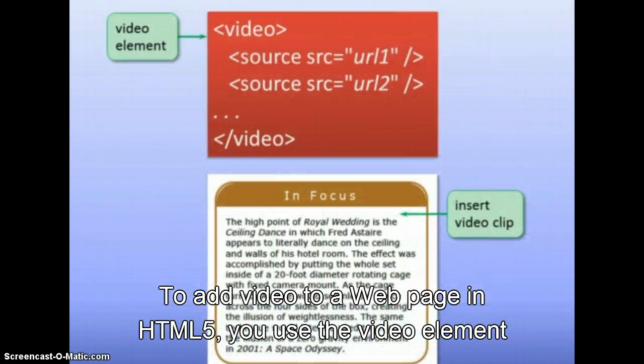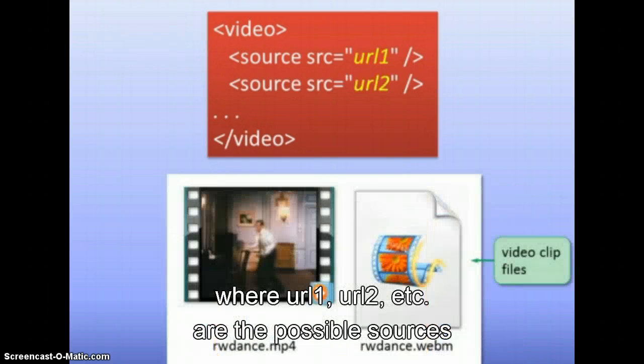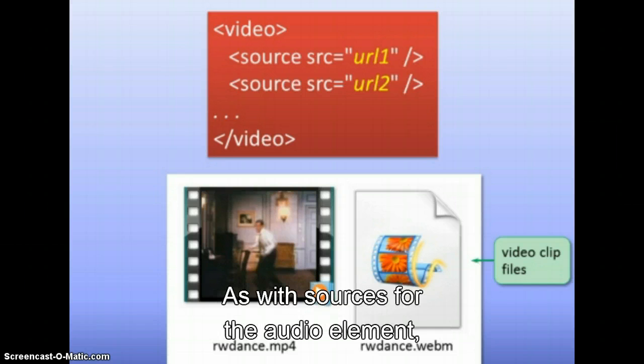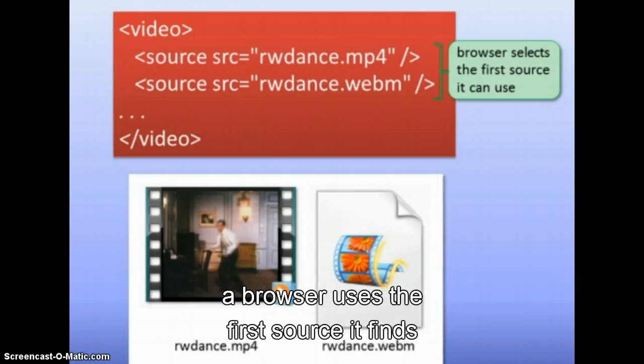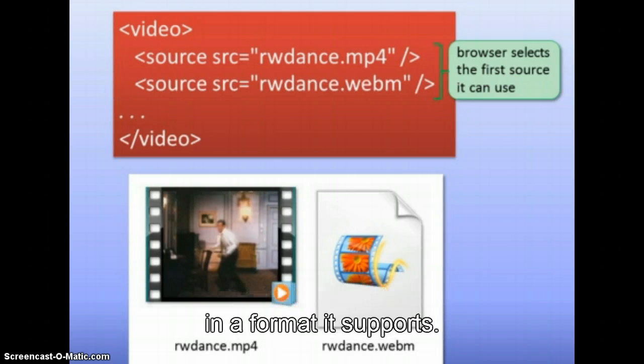To add video to a web page in HTML5, you use the video element, where URL1, URL2, etc. are the possible sources of the video clip. As with sources for the audio element, a browser uses the first source it finds in a format it supports.